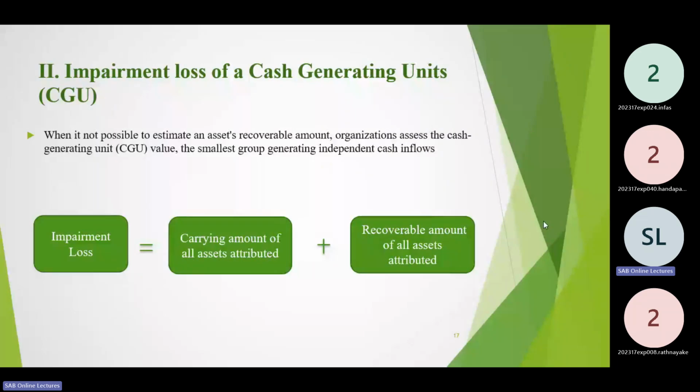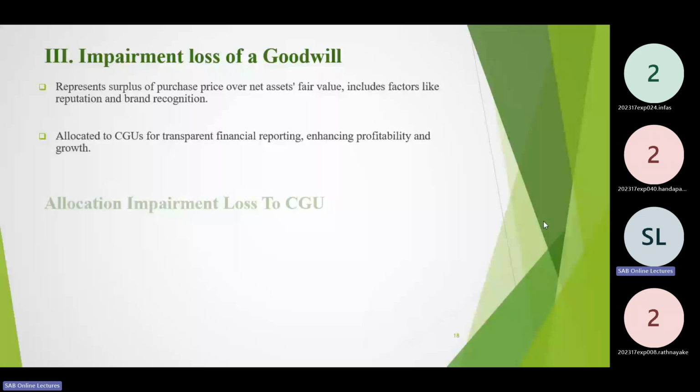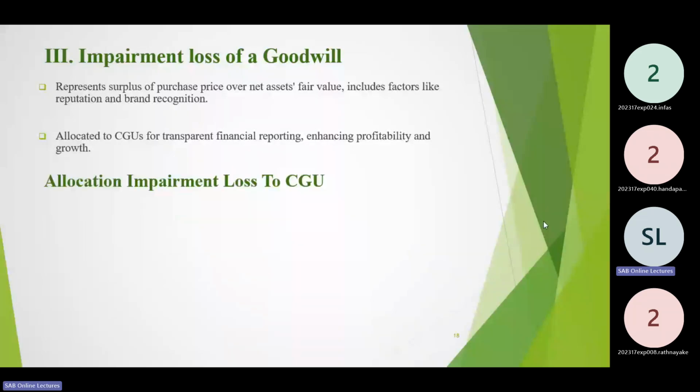Estimated asset recoverable amount, the cash generating unit. According to this function, we can calculate the requirement for the cash generating unit. Goodwill represents a surplus of the purchase price over the asset value.